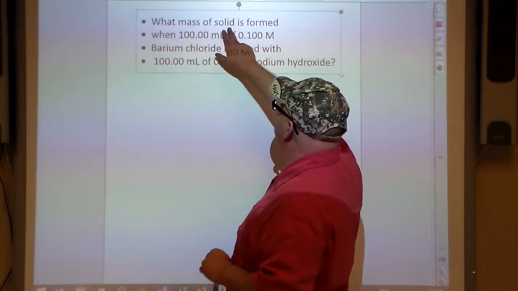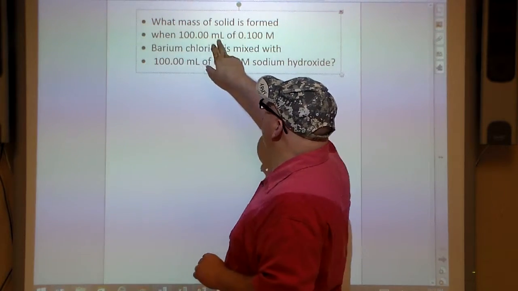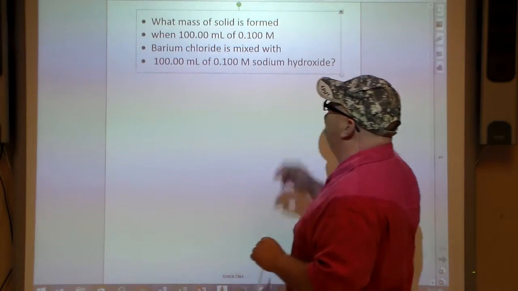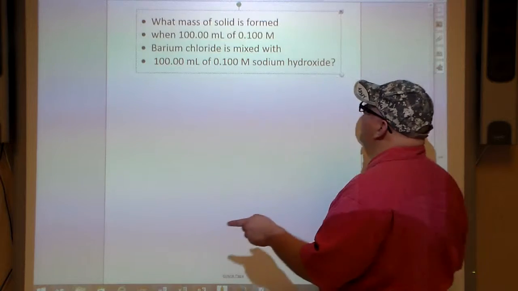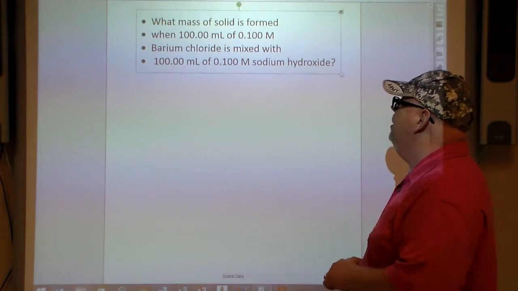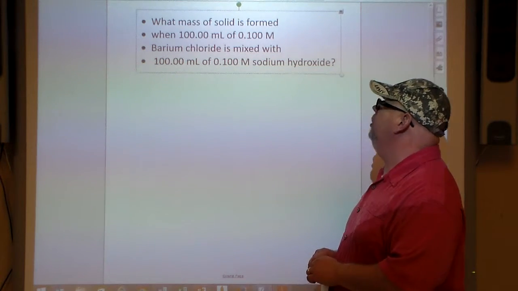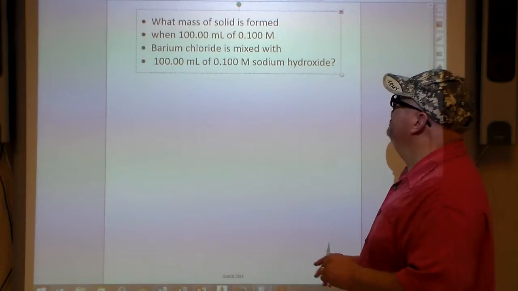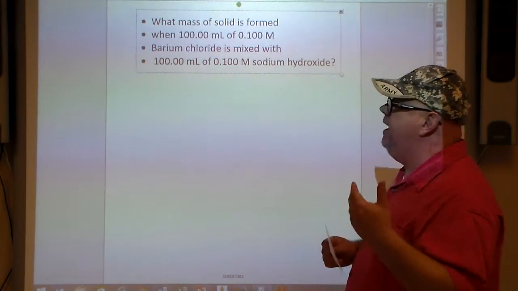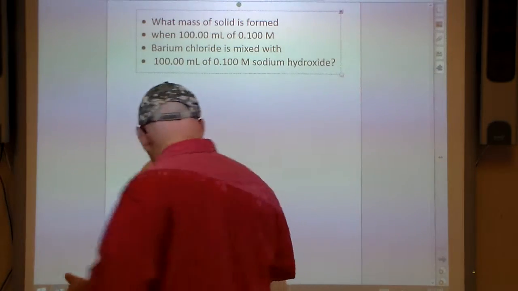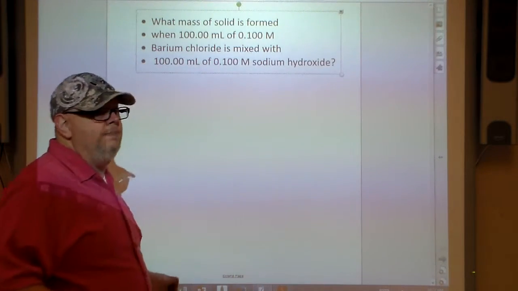What mass of solid is formed when 100 milliliters of 0.100 molar barium chloride is mixed with 100 milliliters of 0.1 molar sodium hydroxide? When we have a question like this, the first thing we want to do is write out the equation.